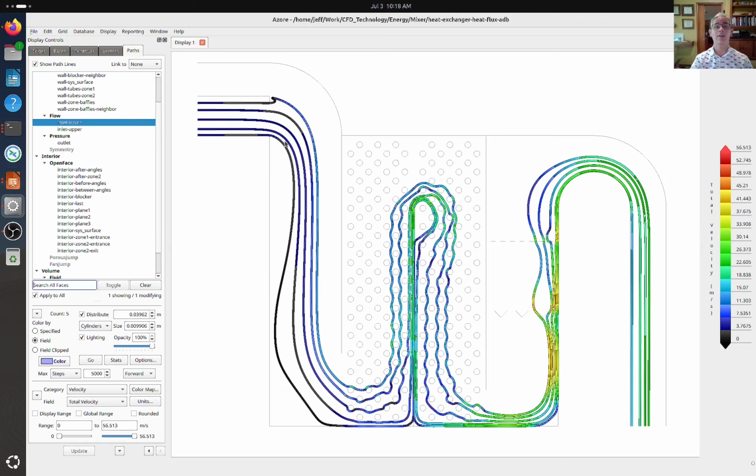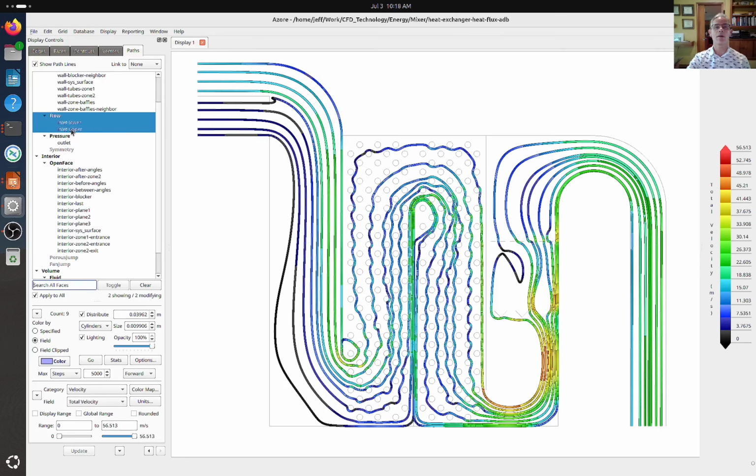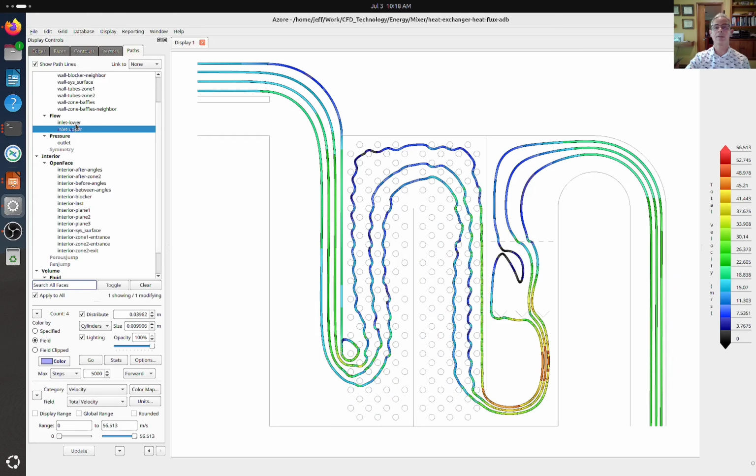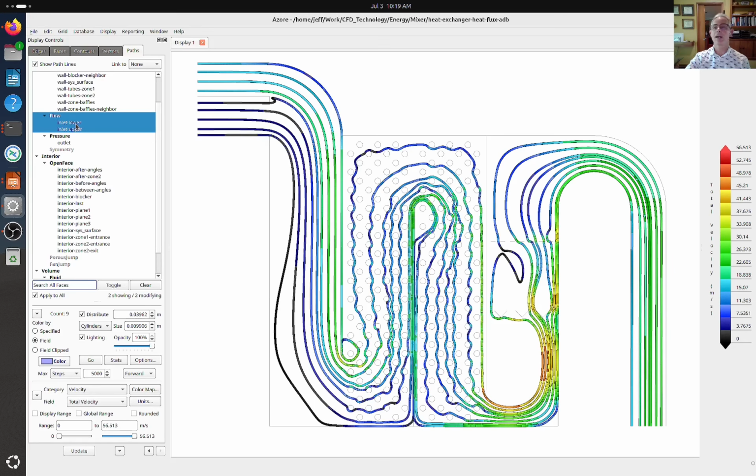These path lines allow us to see where the air generally is going to be in this model, and you can see it progress through the model, staying on the one side of the duct. We can also look at where the steam is in the model, and we look at both.